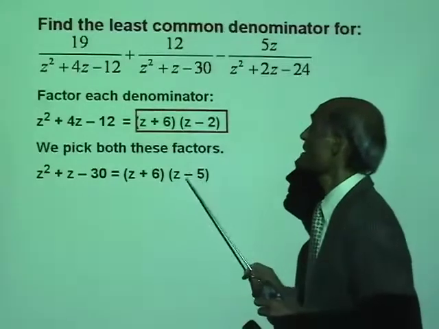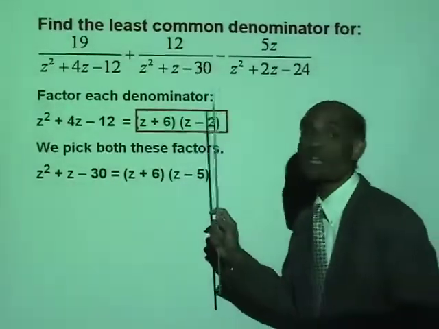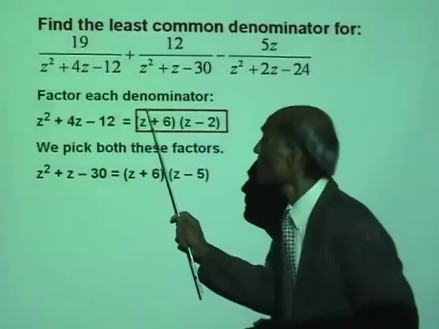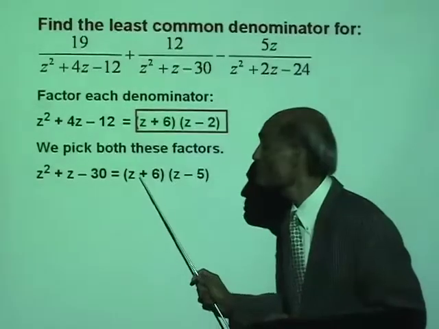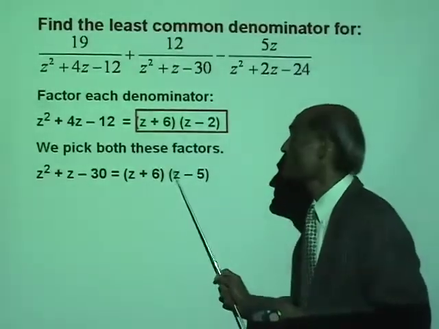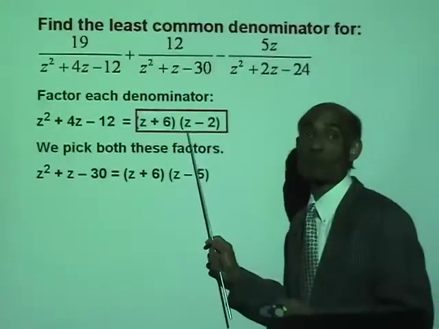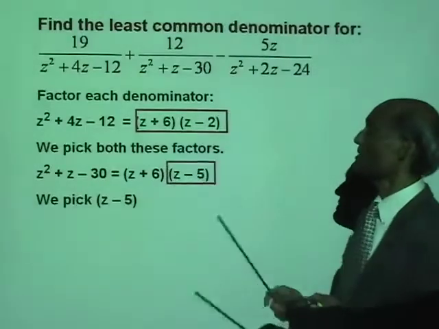Z plus 6 times z minus 5. Now, in the LCD, we have already picked a z plus 6. So, do we need to pick this z plus 6? No. But z minus 5 has not been picked. Therefore, you need to pick that z minus 5.